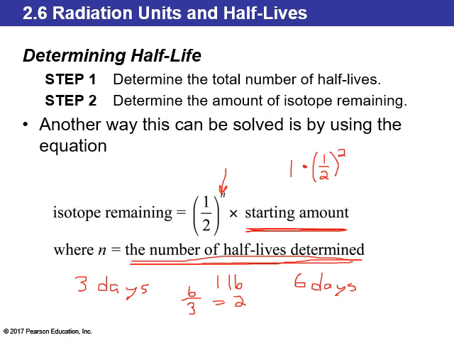So 1/2 squared is the same as saying 1/4. So if we started with 1 pound of this material, we now have 1/4 of a pound, 0.25 pounds. So that's one example problem for half-life. We'll do more of those in class if you didn't follow me there.